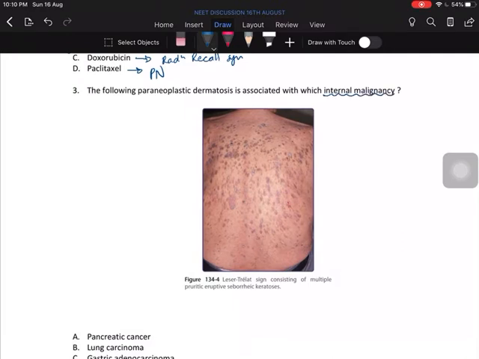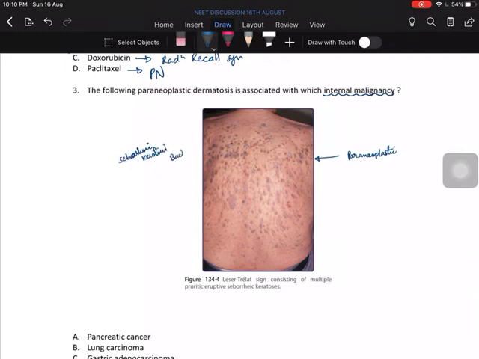Okay, so here we have a paraneoplastic dermatosis. Okay, so what you see is multiple seborrheic keratosis in the back.